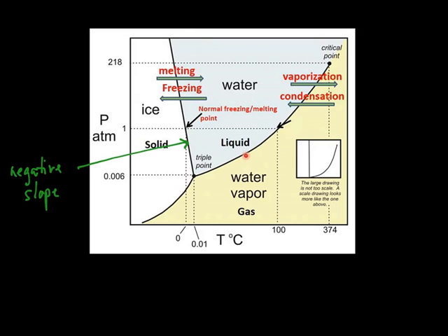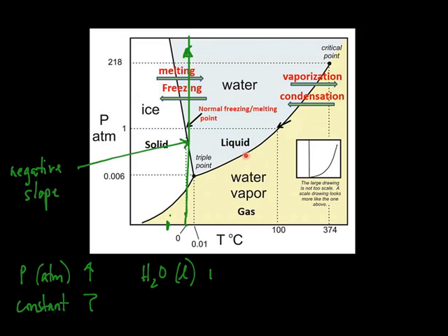As you can see, when you increase the pressure of a sample of water, keeping the temperature the same, going from here to here in a straight line going up this way, water becomes a liquid. So liquid water is more dense than ice.